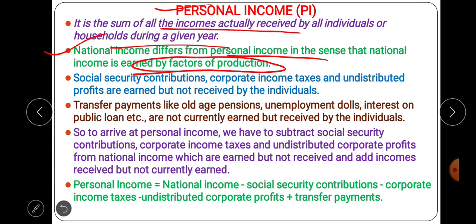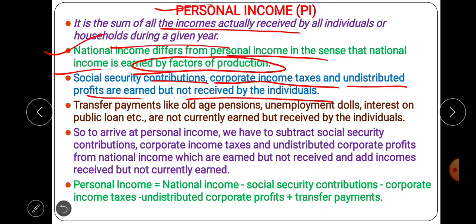Okay. When we are talking about social securities, these social securities contributions, the corporate income taxes, then undistributed profits are earned but not received by the individuals. These are earned but not received by any individuals.